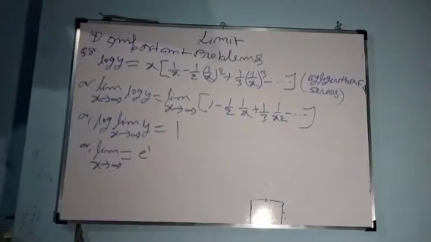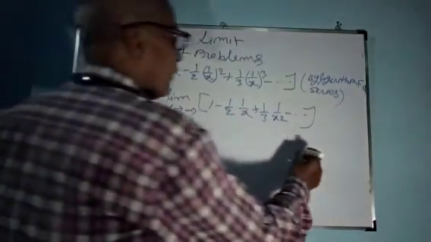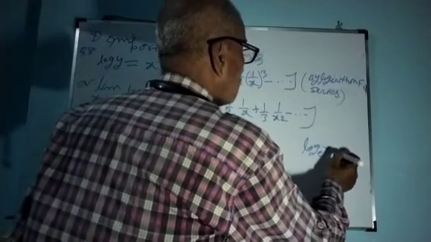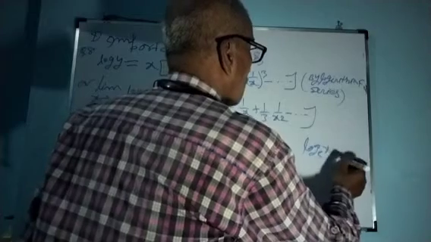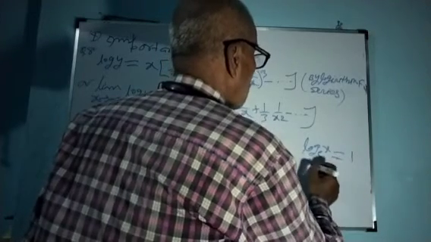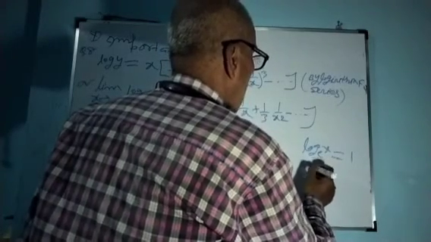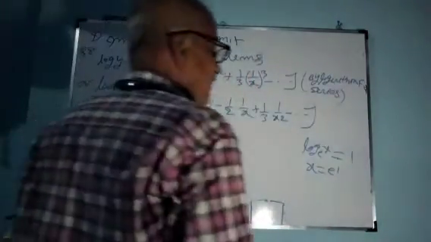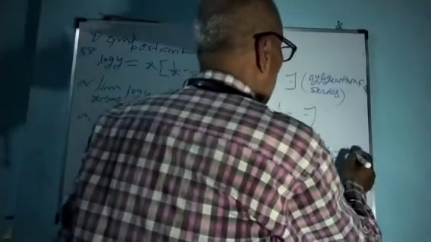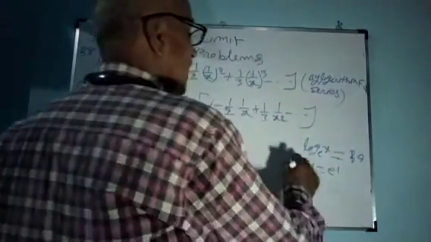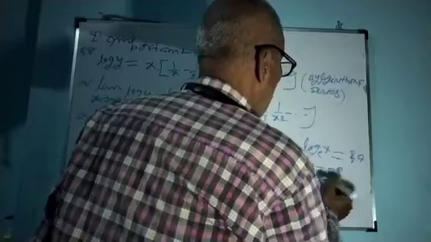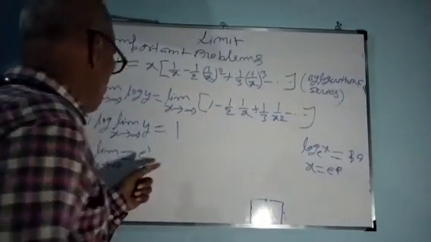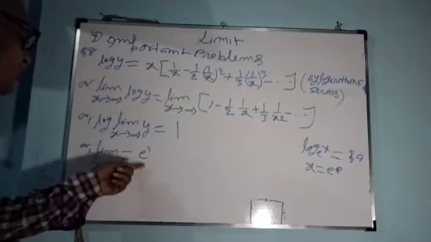As we know from log, if log x is equal to 1, then x is equal to e to the power 1. We can write log x equal to a, then x equal to e to the power a. Here 1 exists, then we have written e to the power 1.